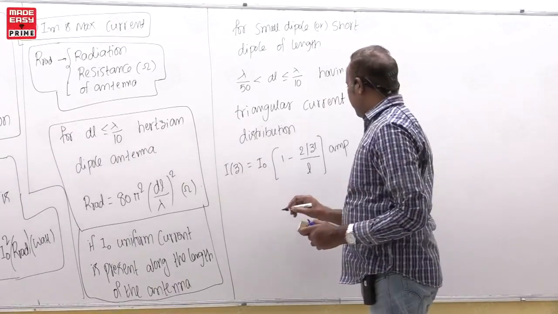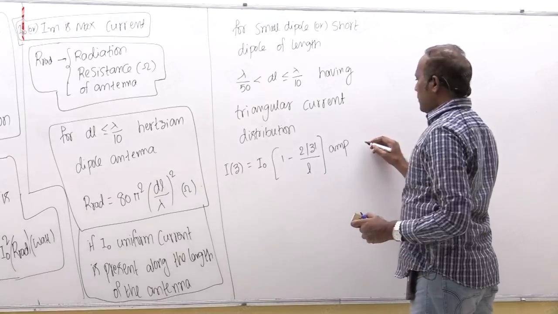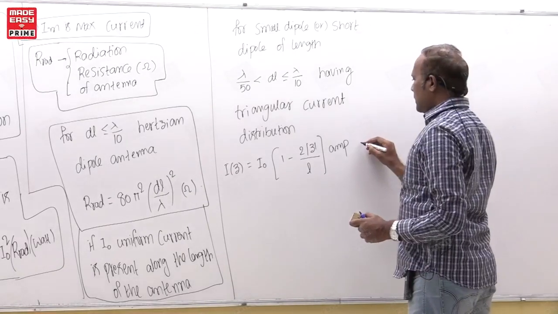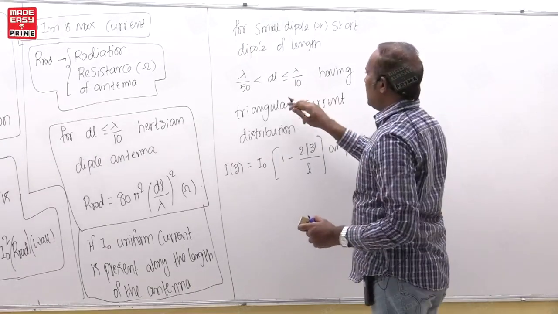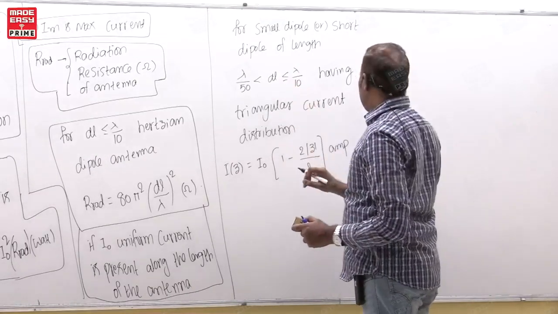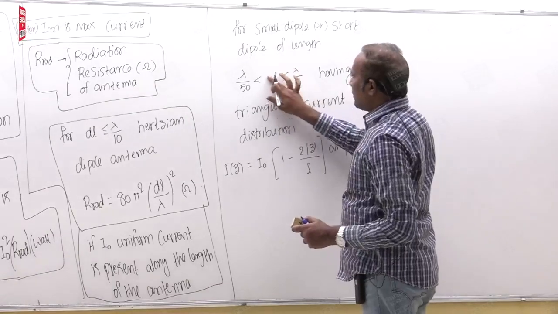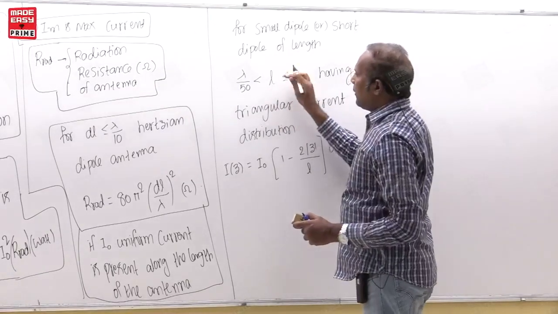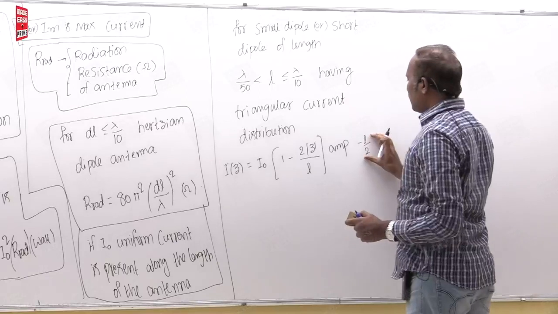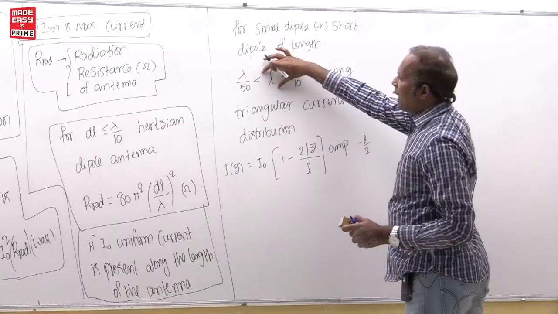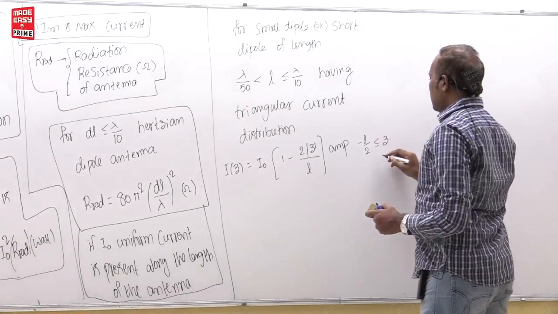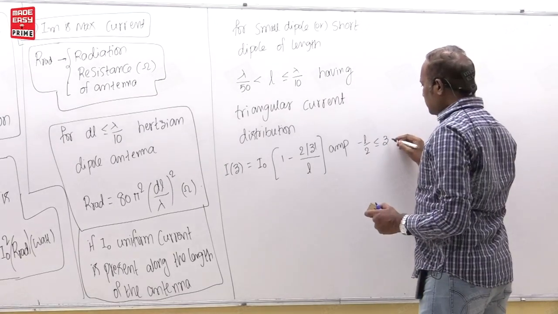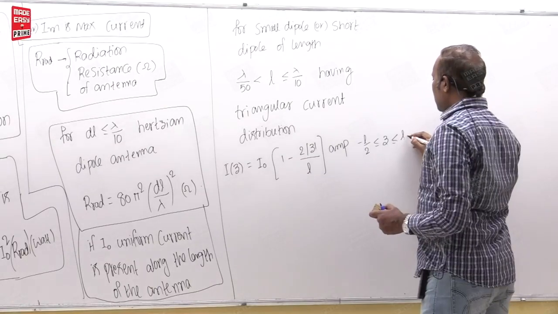Okay, I have taken dl here, but I will take L here, friends, because if I take dl here I also have to put dl by 2. So if I take L here, then minus L by 2 less than or equal to z less than or equal to L by 2.